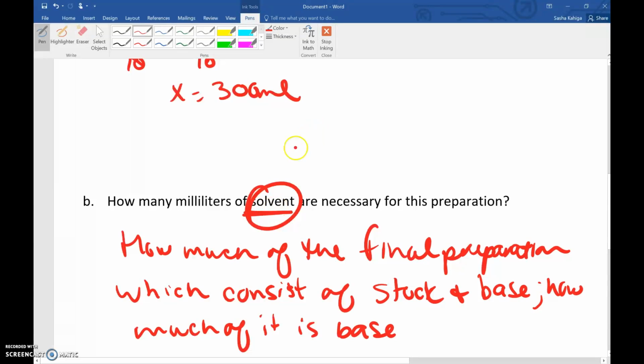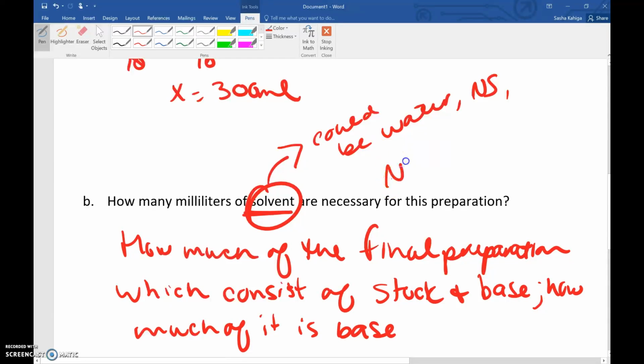Solvent is just asking what was added to the stock medication. Your solvent could be water. It could be normal saline. It could be normal saline for injection.